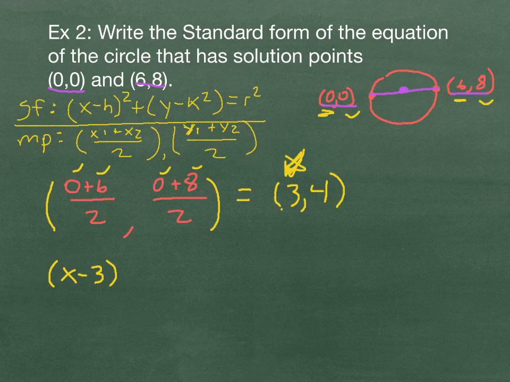So, x minus 3 squared plus y minus 4 squared equals r squared. Now what we have to do is solve for r squared. You can choose either one of the 2 points. To make it easier, I will use the 0, 0 point.